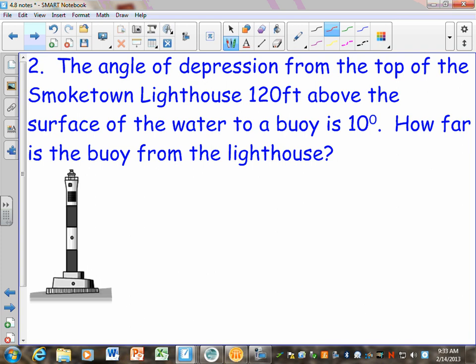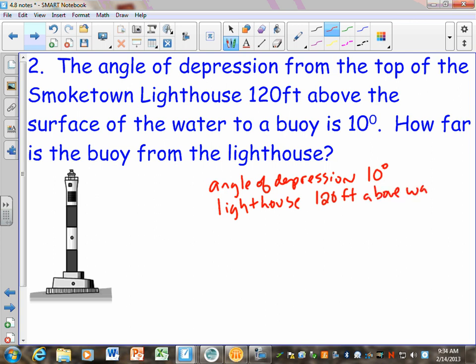Here's how I could shorten this: angle of depression 10 degrees, lighthouse 120 feet above the water. How far is the buoy? Maybe we should write angle of depression 10 degrees to the buoy. That's about as short as I can get it if I'm summarizing.